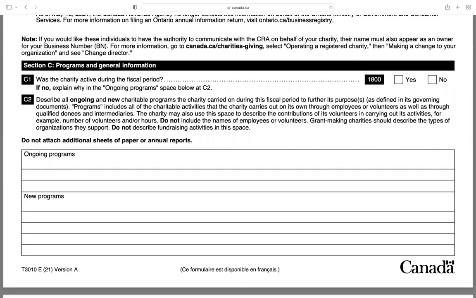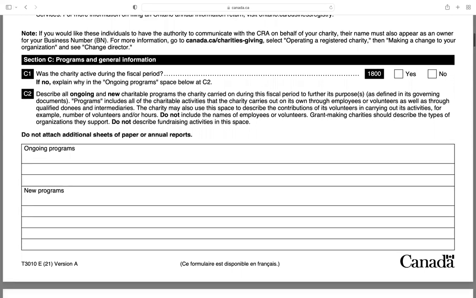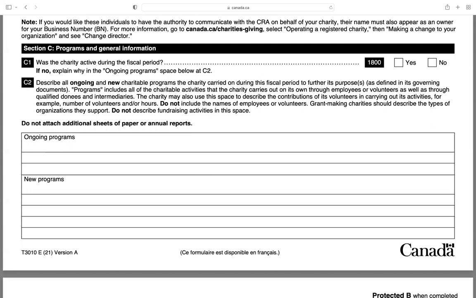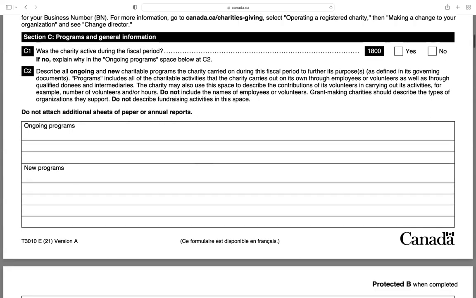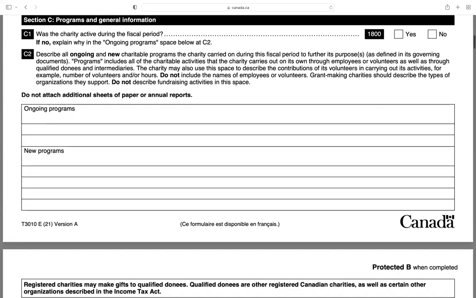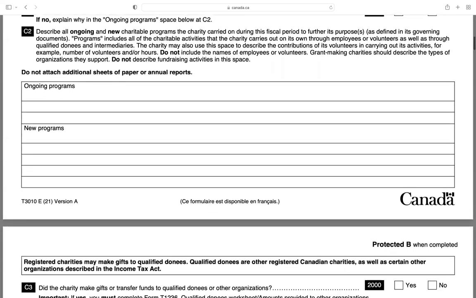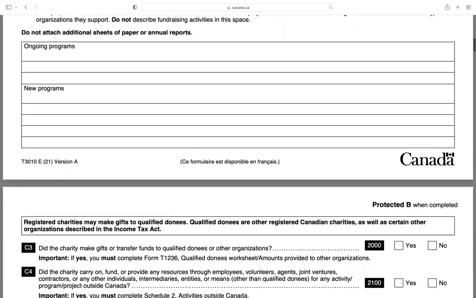This includes the activity that the charity carries out on its own through the employees, the volunteers, as well as through qualified donees and intermediaries. The charity may also use this space to describe the contribution of its volunteers in carrying out its activities. So do not attach additional sheets of paper or annual reports.